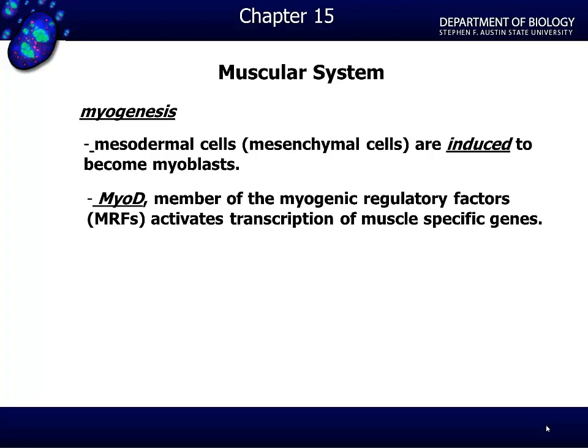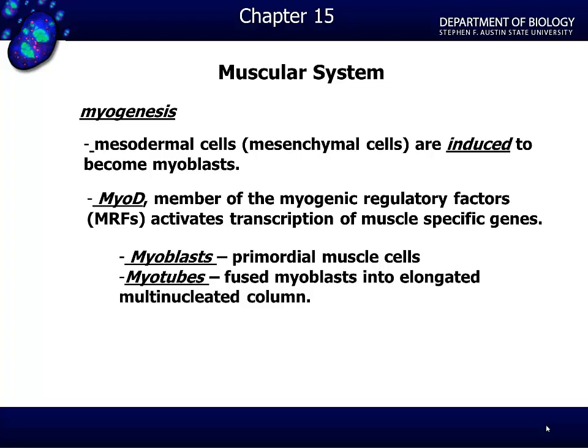But what we're going to see is that all of these factors and inductive forces are going to impact upon this transcription factor, and this is called MyoD. This is going to regulate the transcription of muscle-specific genes, and it's one of many factors that are called myogenic regulatory factors, or MRFs. Now, as we impact our mesenchymal cells and head them down the specification pathway for myoblast, we're going to see that our myoblasts will eventually fuse into elongated columns that we refer to as myotubes.